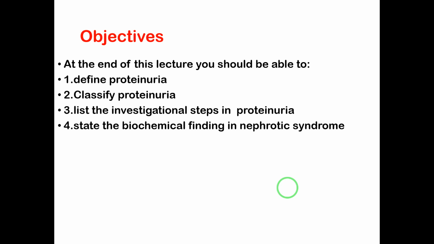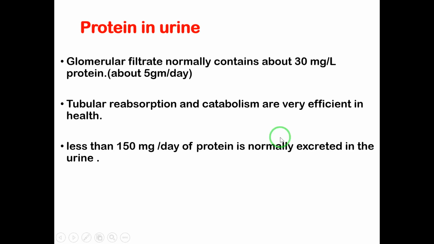And then we will take an example of a disease in which we will have proteinuria. This disease will be nephrotic syndrome, and we will discuss the biochemical findings in this disease.